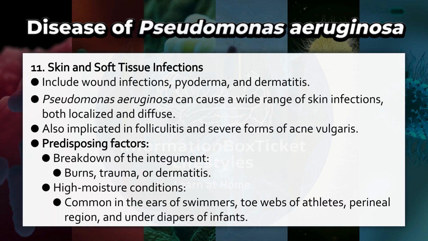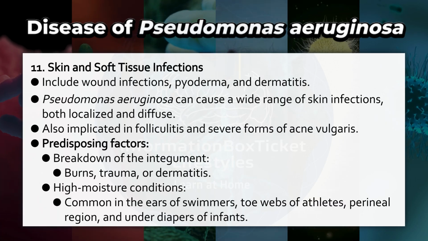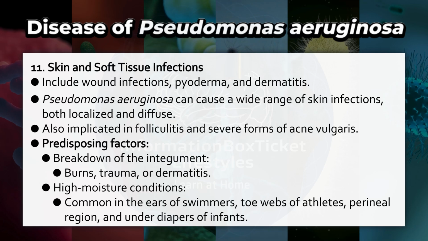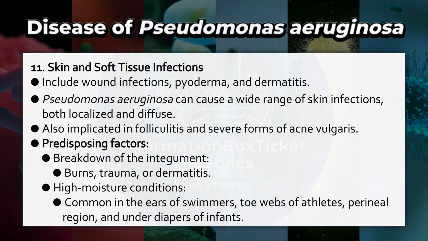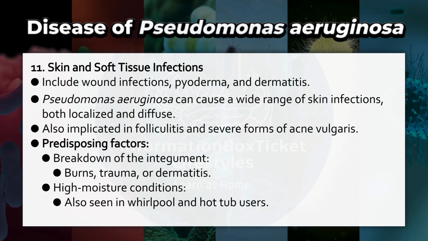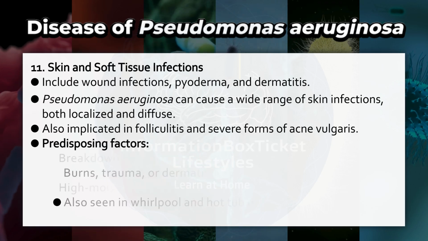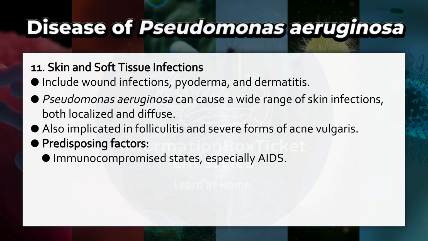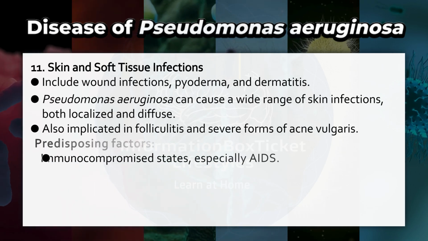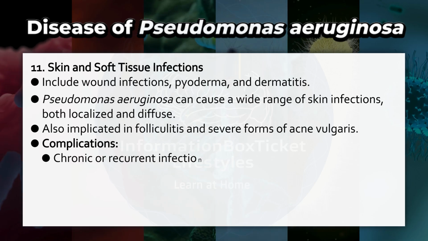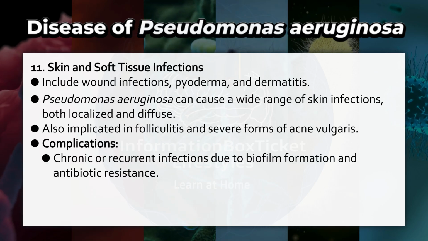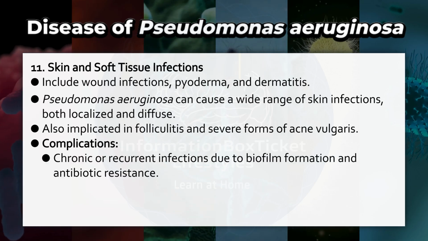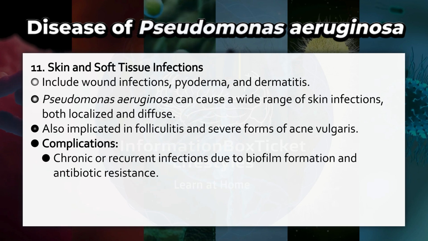Common in the ears of swimmers, toe webs of athletes, the perineal region, and under diapers of infants. Also seen in whirlpool and hot tub users, and in immunocompromised states, especially AIDS. Complications: chronic or recurrent infections due to biofilm formation and antibiotic resistance.